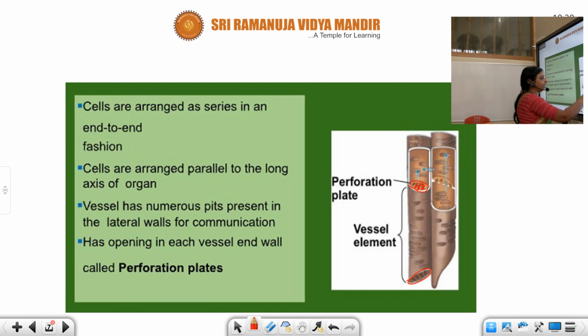Here we can observe a large lumen in the vessel, whereas in tracheids it is very narrow, because wall thickening is much. Due to much wall thickening, it becomes narrow. This is the tracheid.